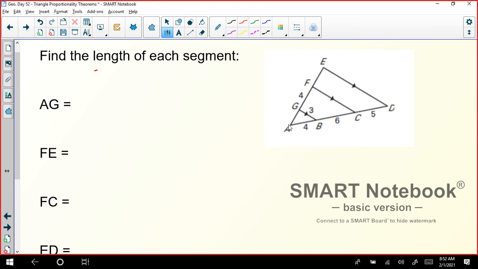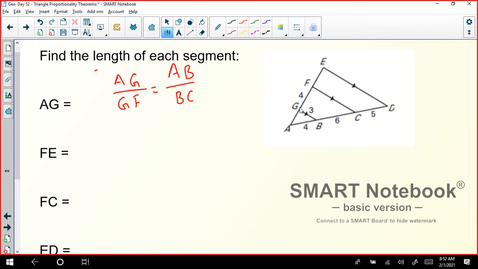Firstly, they are asking us for AG. And we have this to be 3, this to be 4, this to be 6, this to be 4. Just observe only triangle AFC. In triangle AFC, FC is parallel to GB. I can apply the first triangle proportionality theorem and say that AG over GF will be equal to AB over BC, by the first triangle proportionality theorem.